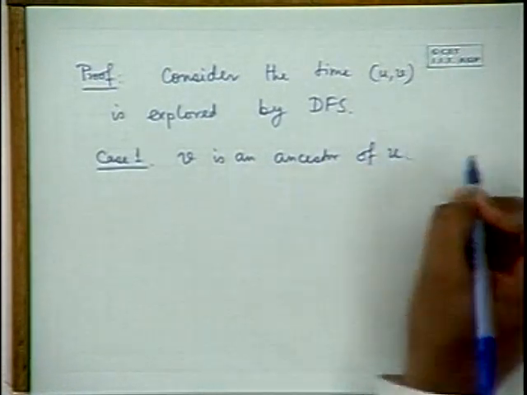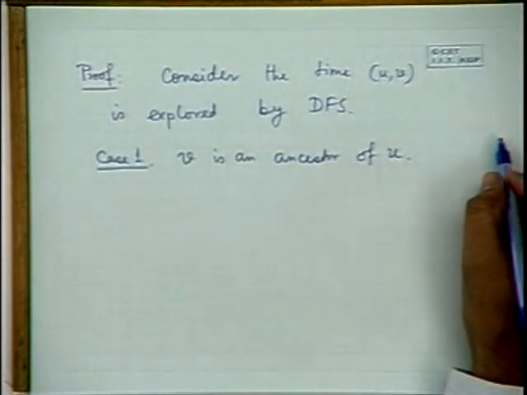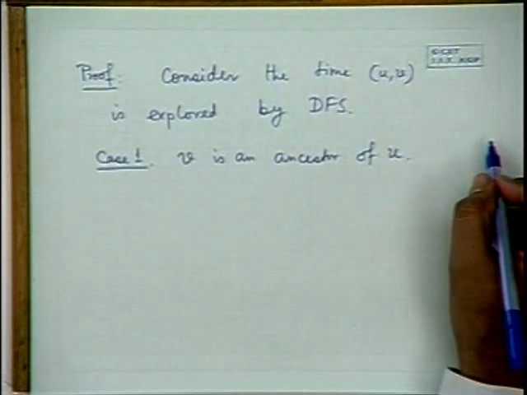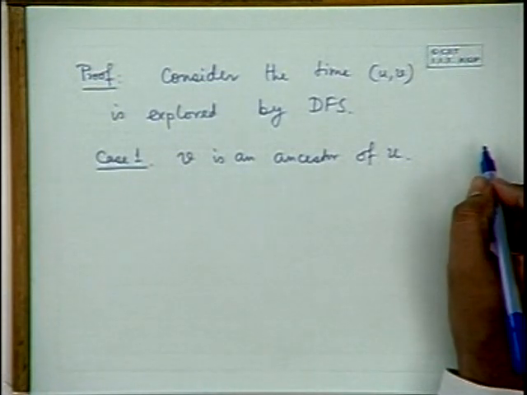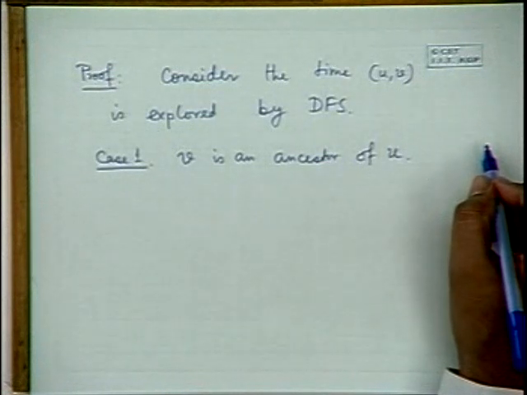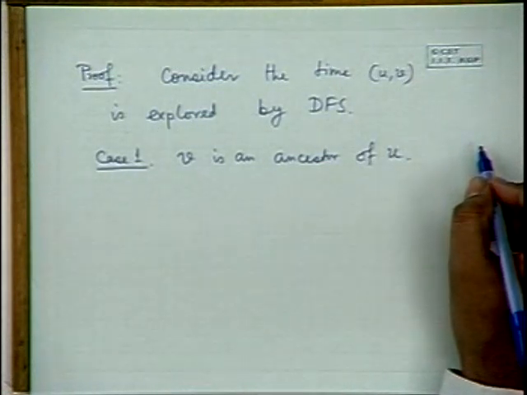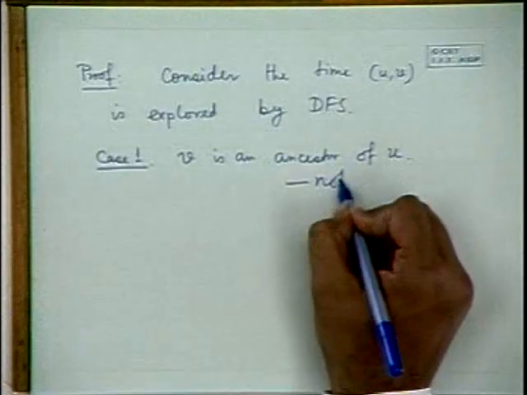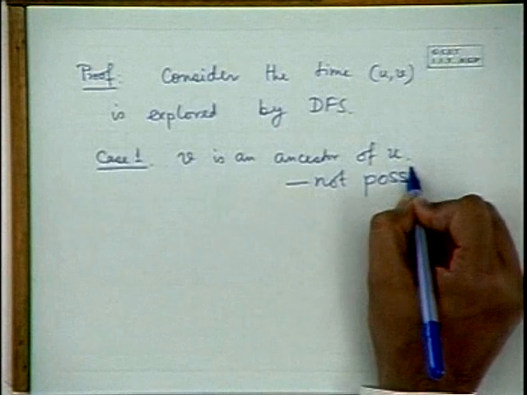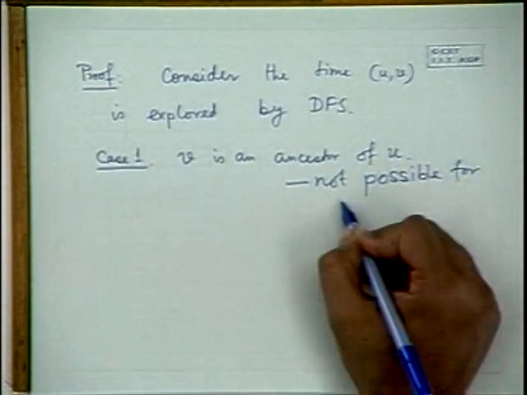What does it mean? If V is an ancestor of U and you are checking UV, what does it mean? There is an edge from U to V. It means that this is a back edge, and that is not possible. Already we have taken only a DAG. So this is not possible for a DAG.